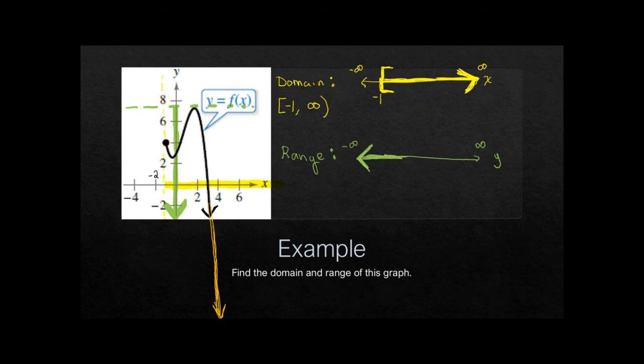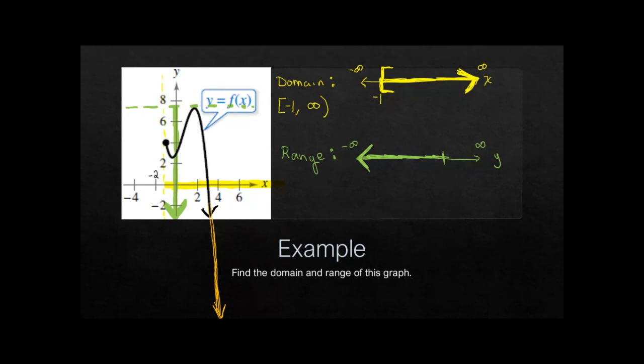My shading is going to be on the left, but I need to know where to stop on the right because it doesn't go up forever. There's a clear stopping point on the right, and I need to figure out where that is, so we're going to have to estimate again.